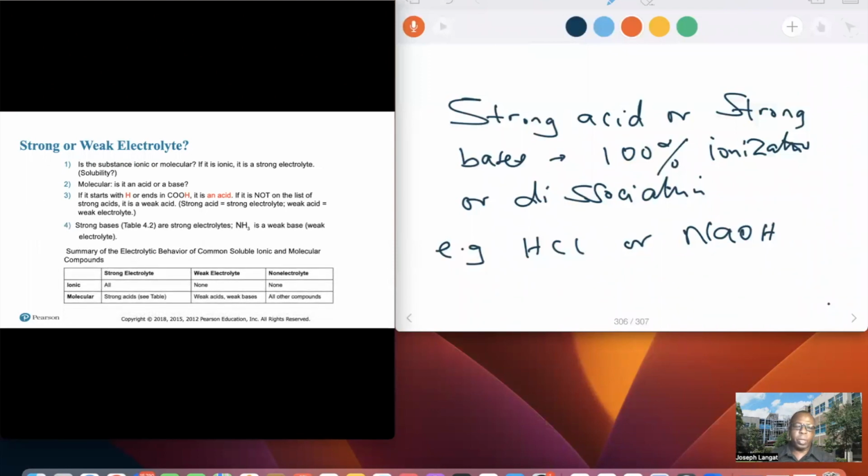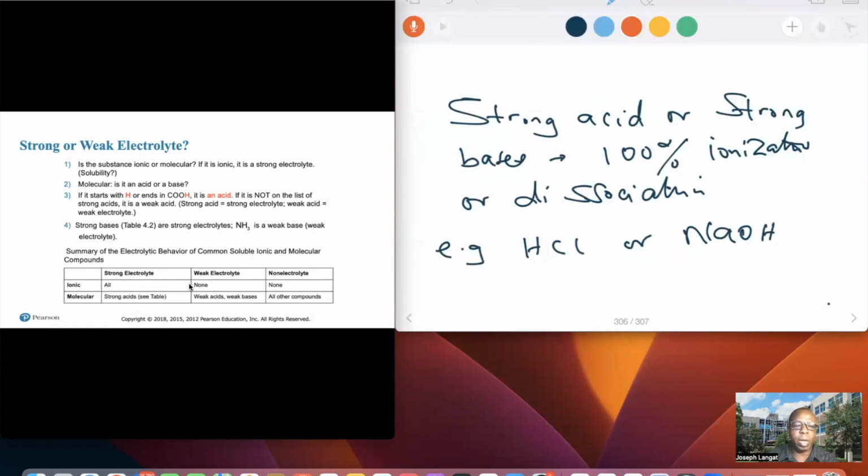I think we looked at earlier on the ionic compound. Remember, ionic compounds are strong electrolytes, they ionize, they conduct electricity, and none of the ionic compounds are weak electrolytes. Molecular compounds, the reason why we are revisiting that is because we are at acids, and acids are strong electrolytes.